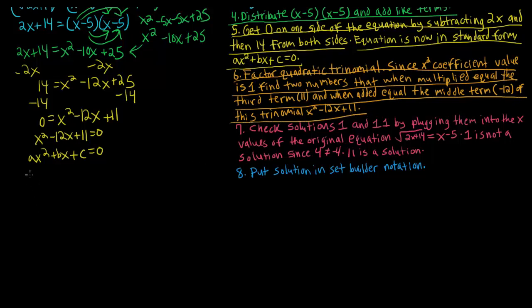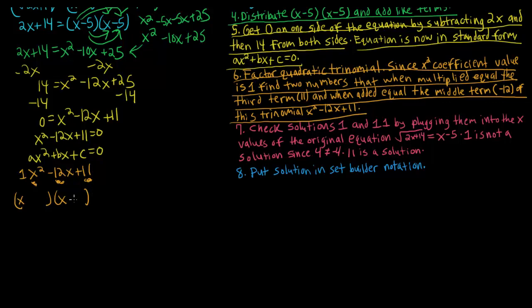Since the coefficient of x squared is just a 1, we can set up the factorization as x times x, and then we need to find two numbers that when multiplied equal positive 11, and when added together equal negative 12.